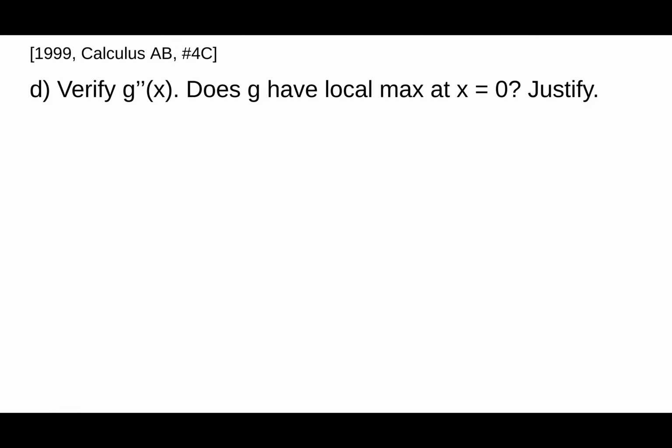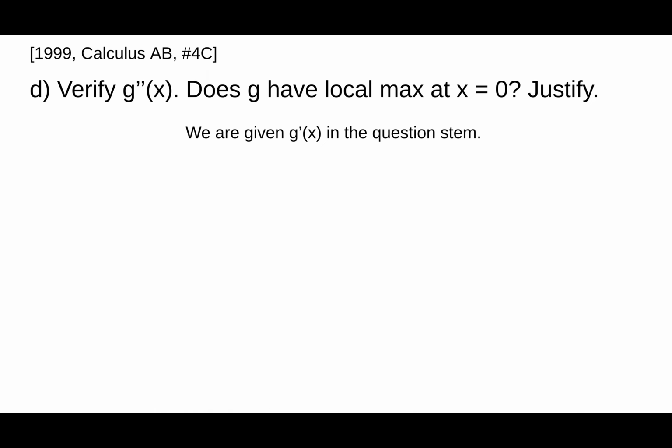And then we have to answer the question, does g have a local maximum at x equals 0? And like most questions like this on a free response question, we will need to justify our conclusion using the language of calculus.